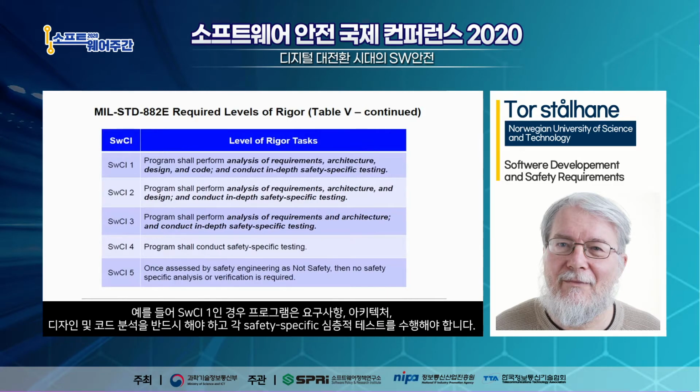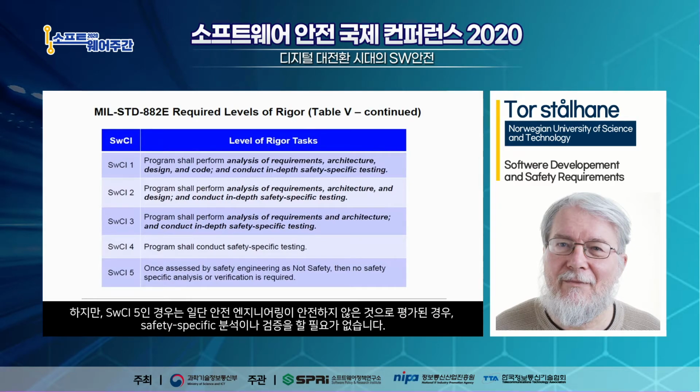For level of rigor 1, the program shall perform analysis of requirements, architecture, design and code, and conduct in-depth safety-specific testing. While for software criticality index 5, once it's assessed by a safety engineer as not safety, there is no safety-specific analysis or verification required.